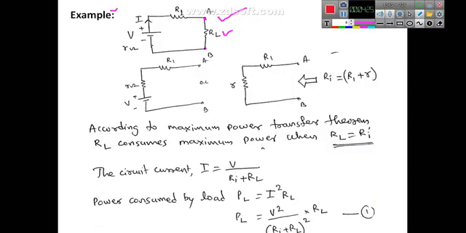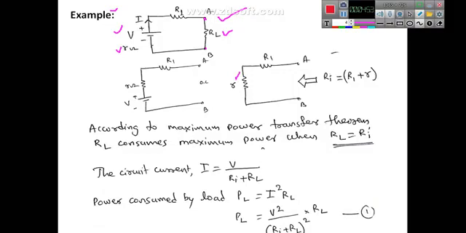Then you can replace the voltage source by its internal resistance. The internal resistance of this voltage source that is given is R ohm. Whatever the internal resistance of the voltage source, you can write it in series with the source. So the internal resistance of the voltage source is nothing but your R ohm.